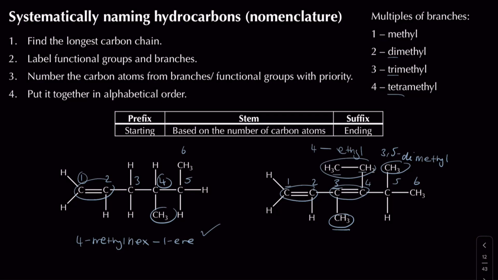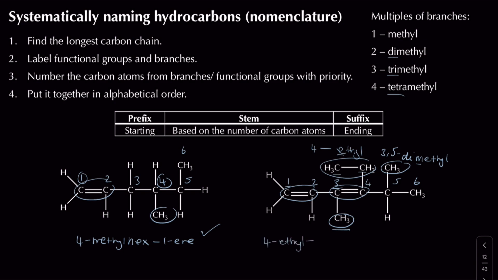So yeah, if I were to put this all together, I'm going to have, first of all, 4-ethyl, then 3,5-dimethyl. The thing is, I can't actually just stick them together in any order. It needs to be in alphabetical order, where I've got E here and I've got M there. Now, if E comes first in the alphabet, which I hope it does, you're going to end up with 4 and then ethyl to begin with.